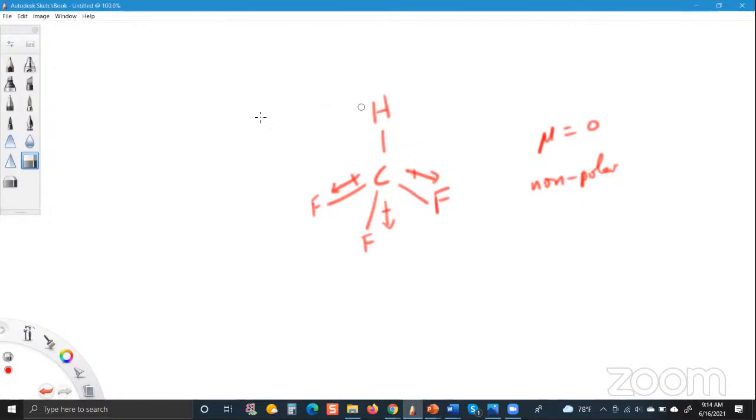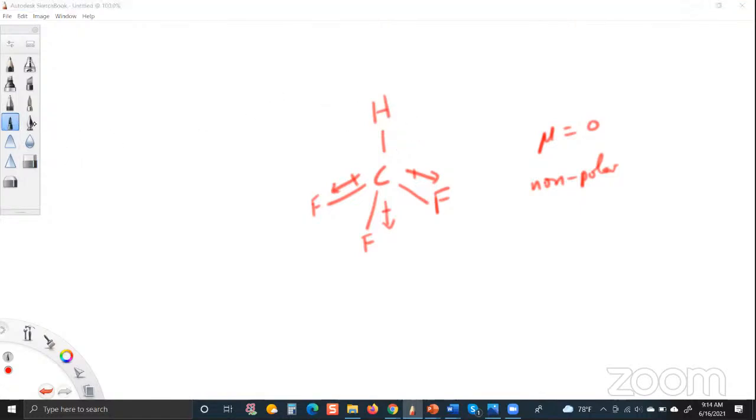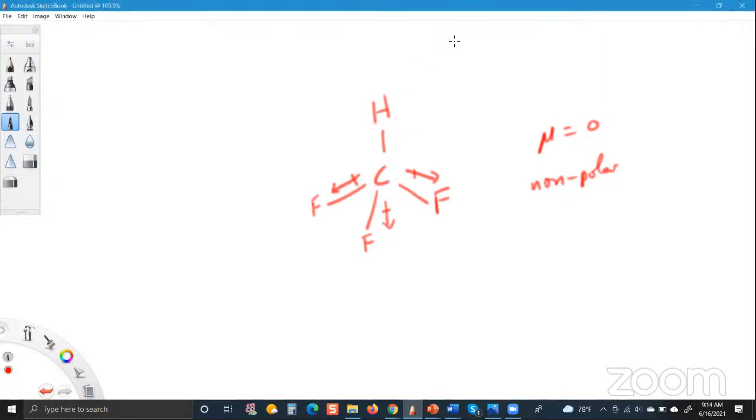Because if you remember, we said that if the electronegativity difference is between 0.0 to 0.4, then this implies that the bond is nonpolar for most intents and purposes. And in this case, the difference here is actually 0.4. So therefore, this bond is nonpolar.